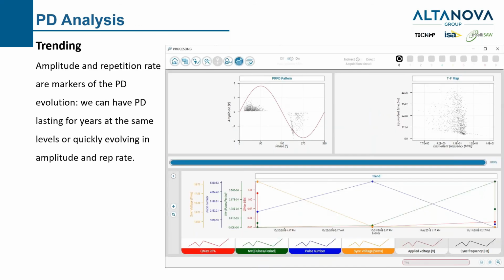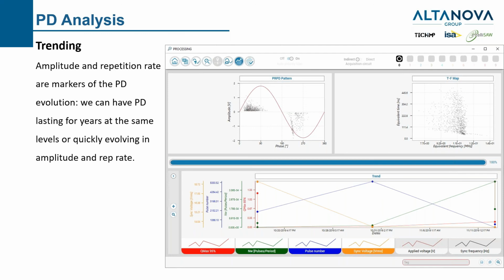Last, we should study the data along the timeline of the generator. It occurred to me in my career to test generators from the beginning of my career till now, where we are always seeing the same partial discharge phenomena characterized by the very same amplitude and the very same repetition rate. The phenomenon is not evolving.